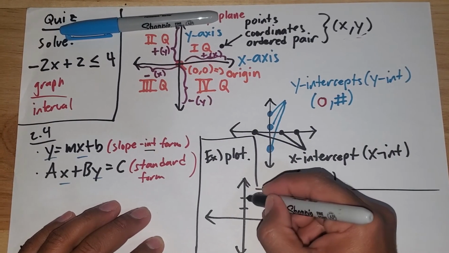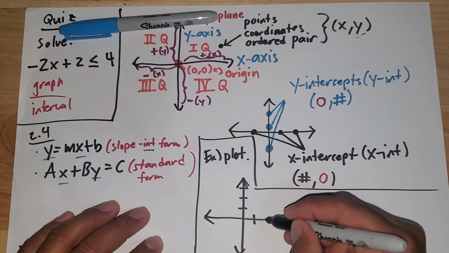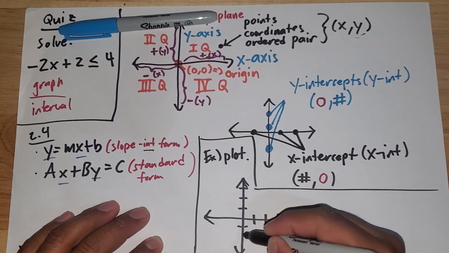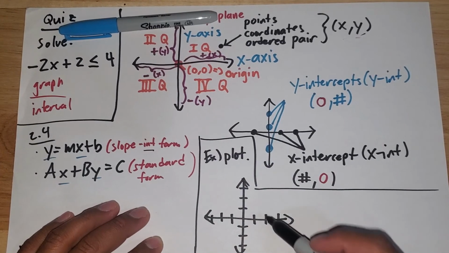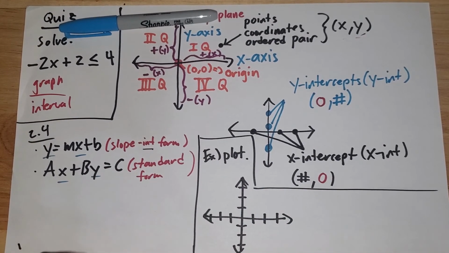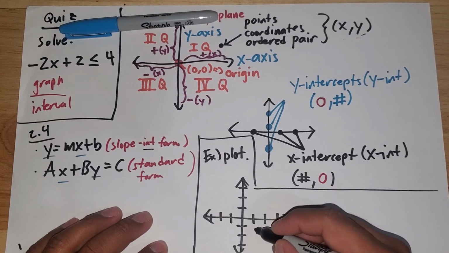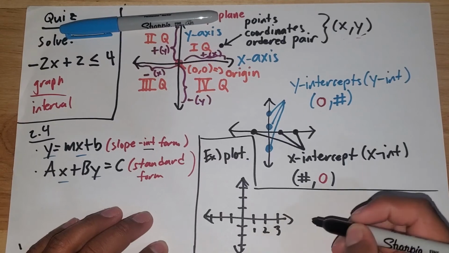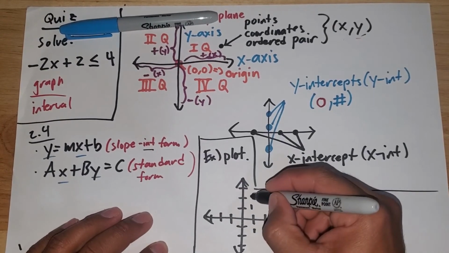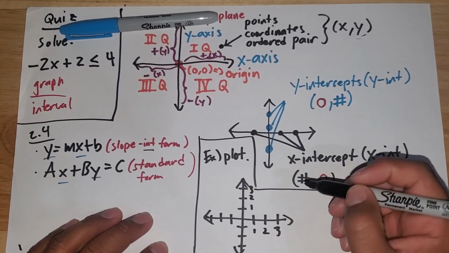So 1, 2, 3, 1, 2, 3, 1, 2, 3, 1, 2, 3. Hopefully you understand that this represents positive 1, positive 2, positive 3, positive 1, positive 2, positive 3.